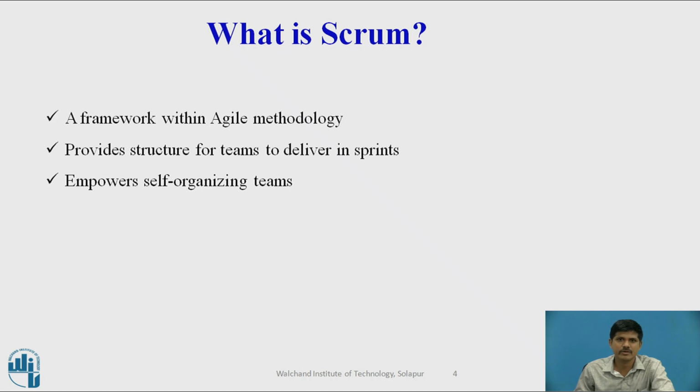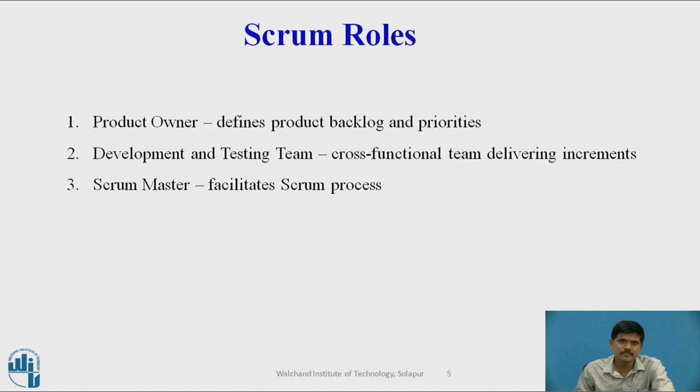Here we are going with sprints instead of going with the entire requirement document and design. And it empowers self-organizing teams. Here, there will be no one to take care of the team's organization, meaning each and every person is responsible for organizing themselves.